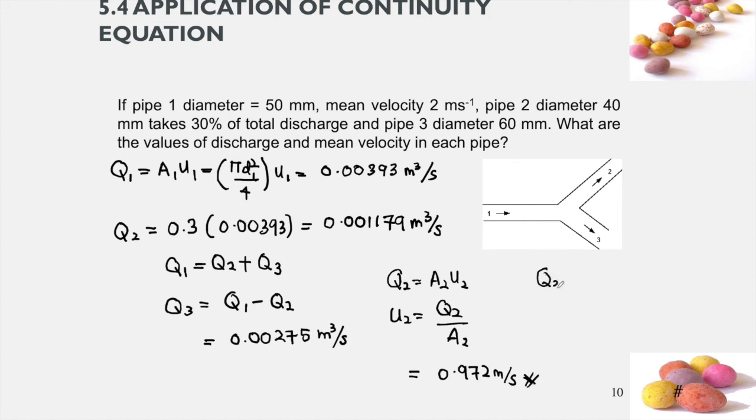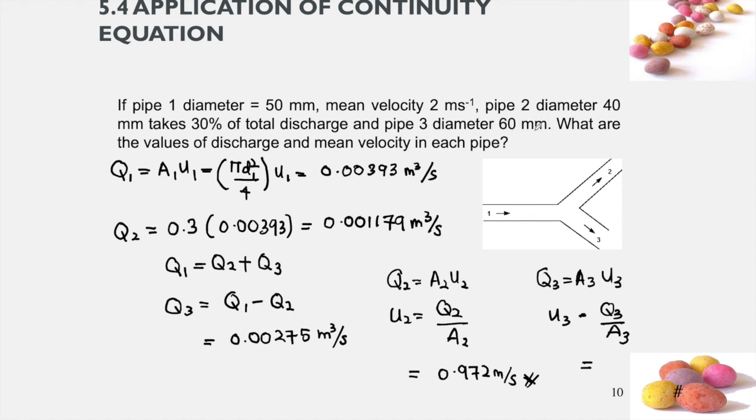So what about Q3? From Q3 we know the equation is Q3 equals A3 times U3. Rearrange this equation, you will get U3 equals Q3 over A3. Again, substitute. To find area 3, you have to substitute the diameter in meters. So please do not plug in this value directly, because you have to change into SI unit.